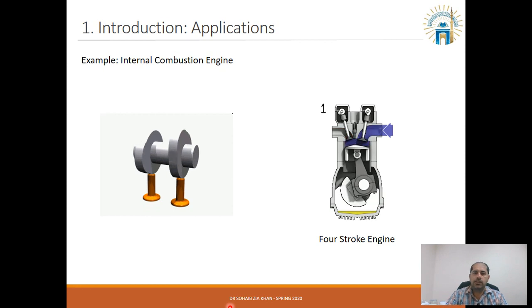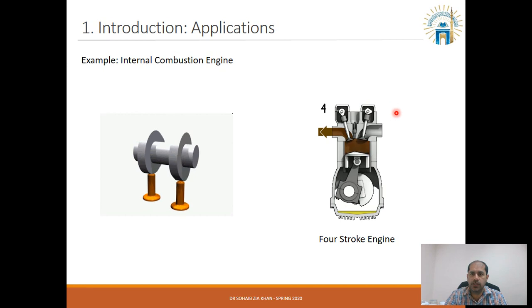This mechanism is used in the internal combustion engine. You can see here the cross section of the camshaft, and these are the two valves. At a specific stage of this 4-stroke engine cycle, the cam is performing its duty to open and close the valve.